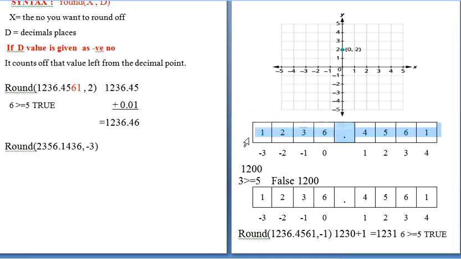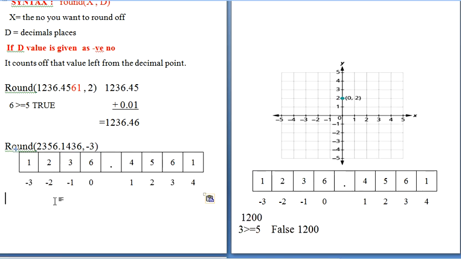So according to this, if we replace the number here, 2, 3, 5, 6.1436, up to minus 3 we want.